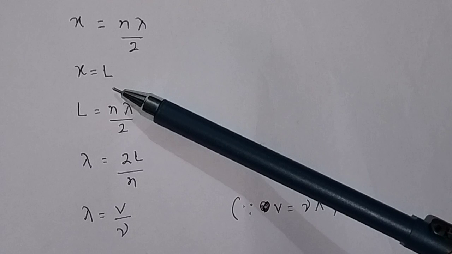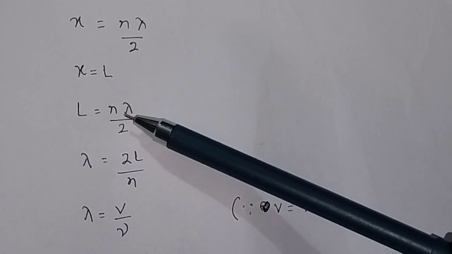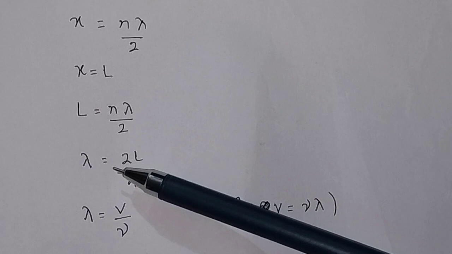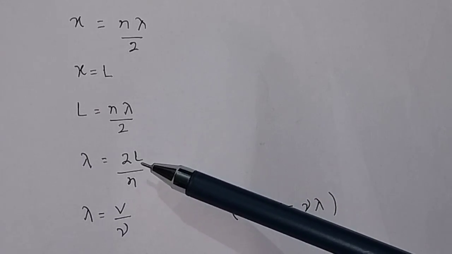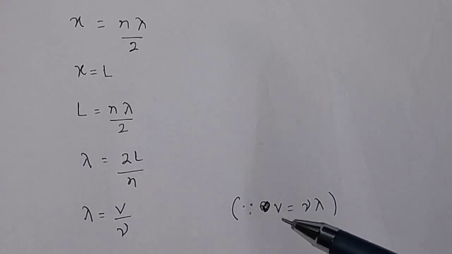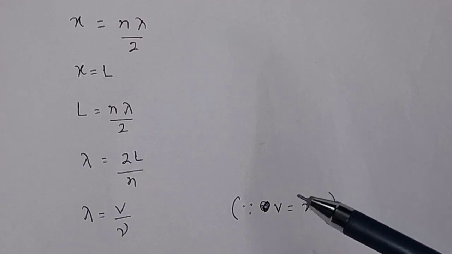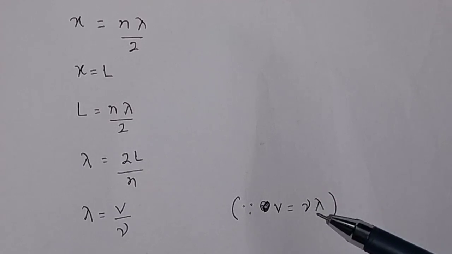And we have taken x equal to L. So L will be equal to n lambda by 2. So lambda is equal to 2L divided by n. But we know v equals nu lambda. v is the velocity of the wave. Here we have taken nu as the frequency.